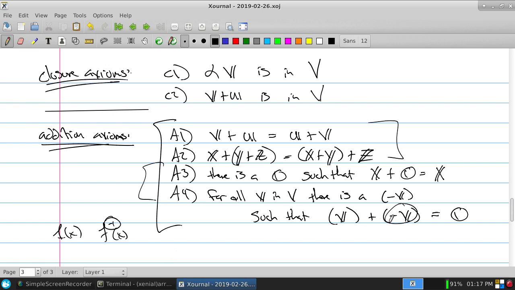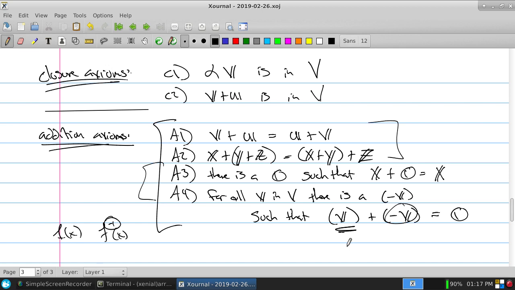This minus is not minus. This minus is a label. It says this guy is this guy's additive inverse. Why do we tend to use minuses a lot? Because it tends to show up in the undoing process. For example, for the multiplicative inverse, what do you normally do? You take the reciprocal, which is a minus 1 power.